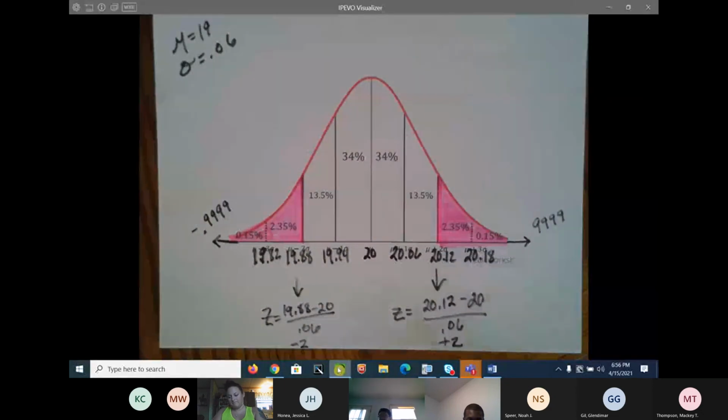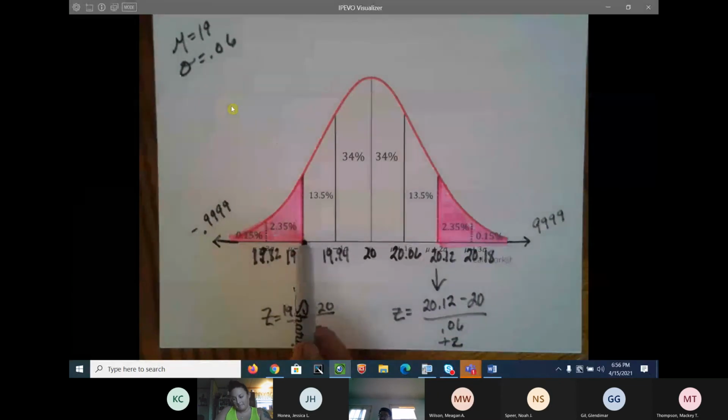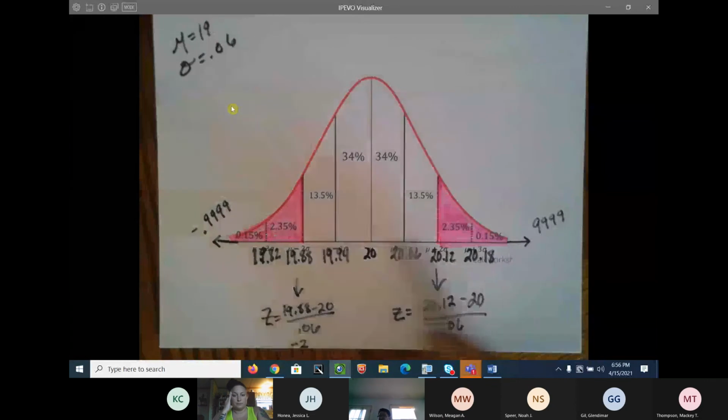So you can do this 2 ways. You can go from negative 9999 to negative 2 and multiply it by 2, or you can add them. I don't care how you do it.